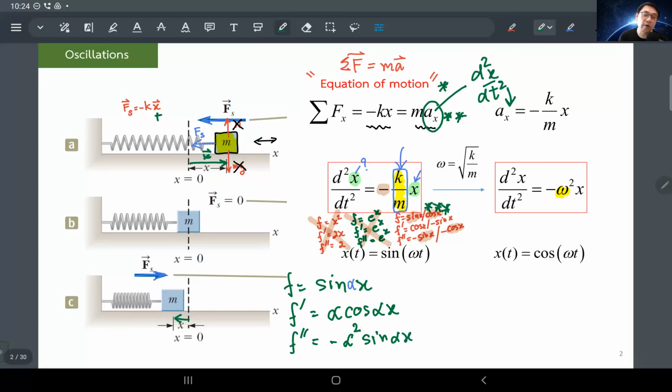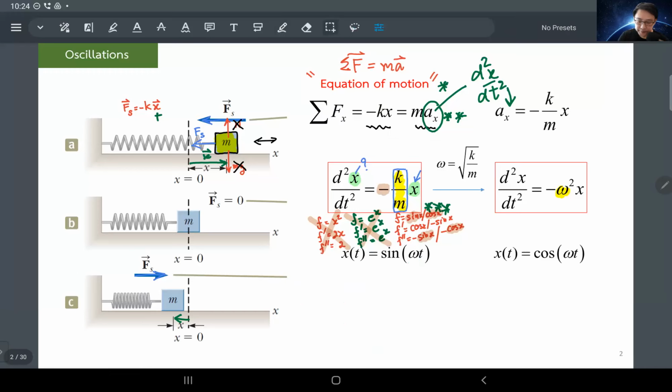So this is the reason why I'm okay with it. If you really want that, then I'm going to have to squeeze in some extra constant in front of x. And let's name that constant omega. Okay, you got that one? So I'm going to do it again by naming that omega. Now you start seeing that if you start with x equals sine omega t, dx by dt is going to be omega cosine omega t. d2x by dt2 is going to be negative omega squared sine omega t.